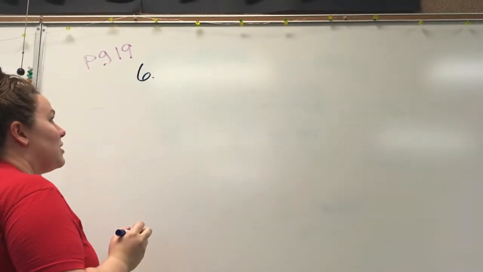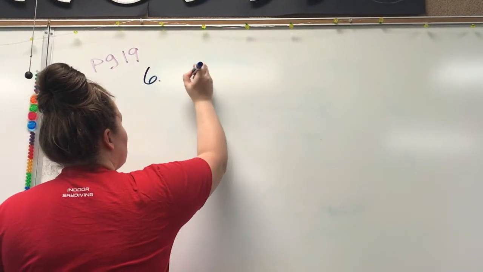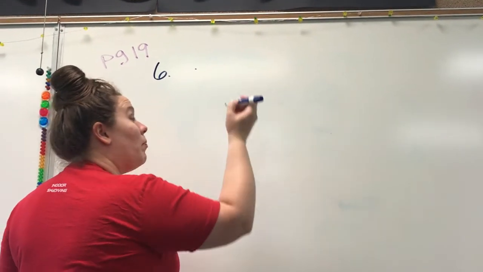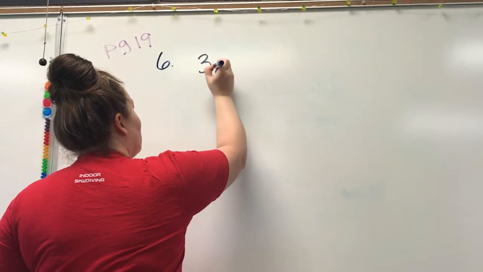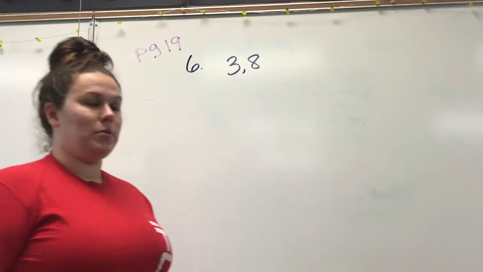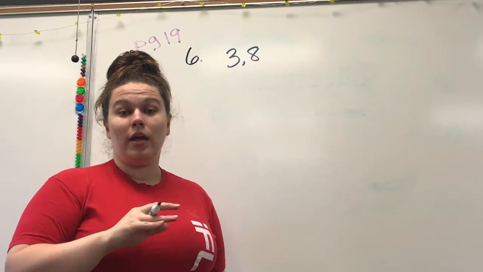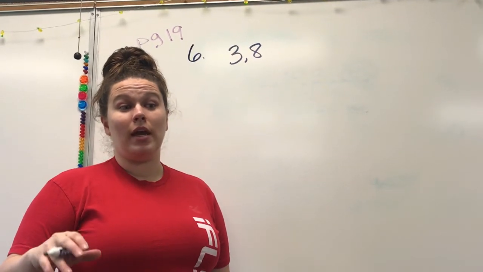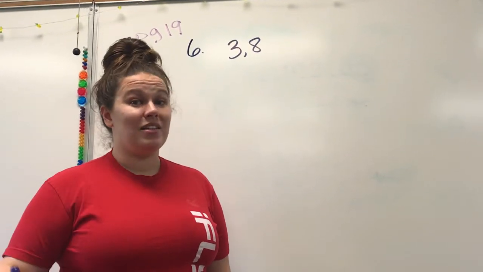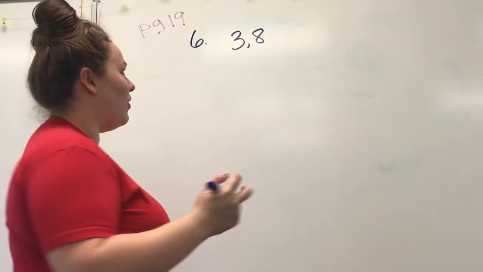Okay, next we're on number 6. We're still on page 19. And our 2 numbers that we need to find the least common multiple are 3 and 8. Okay, what is the least common multiple of 3 and 8? Please pause the video and work it out yourself. Try and challenge yourself to get the answer before I give it to you. I don't want to do all the work for you.